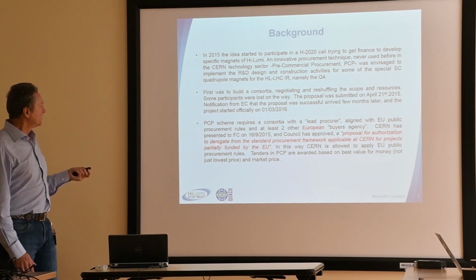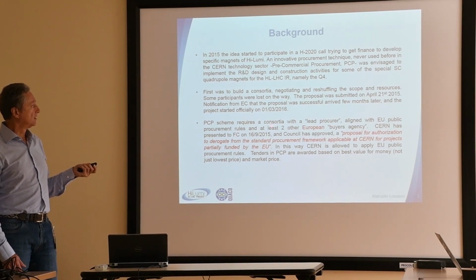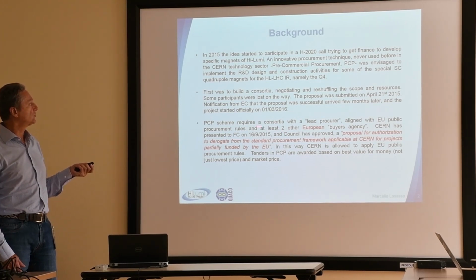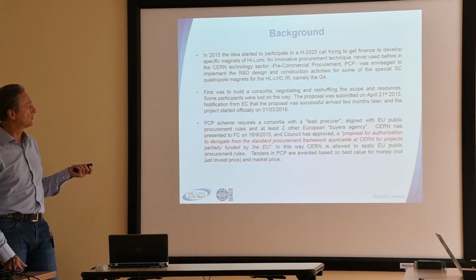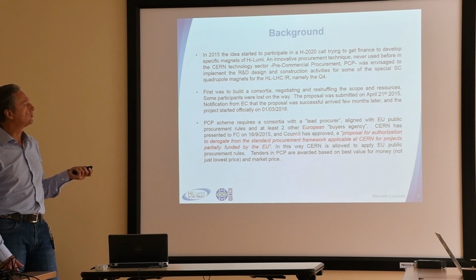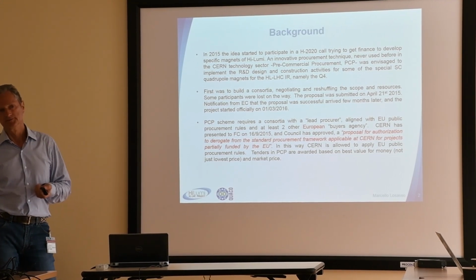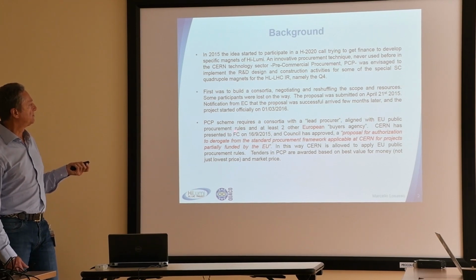And you have to be aligned with European public procurement rules. You have to have at least 3 partners in this consortium, and 2 have to have the status of European buyer agency. Now, what does it mean that you have to be aligned with European public procurement rules?